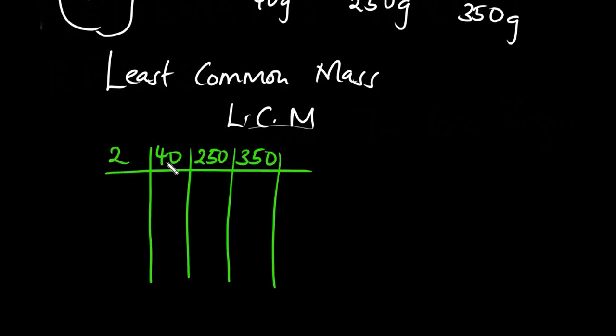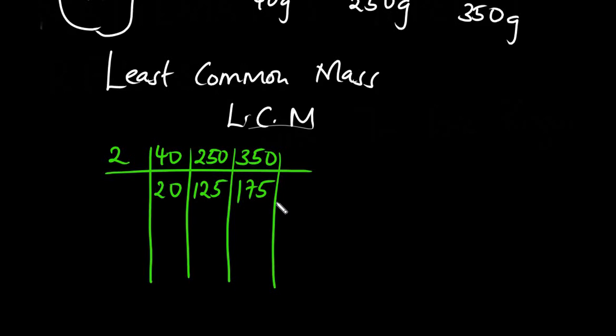Okay, so when we divide through by 2, it's going to be 20, 125, and 175.